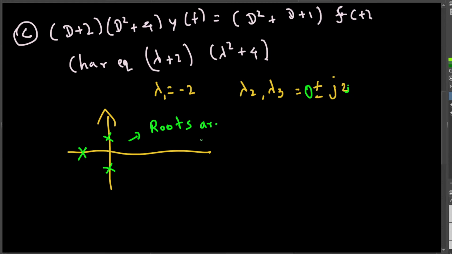The thing that matters is the real value is 0. Imaginary is positive or negative, it doesn't matter. So marginally stable.